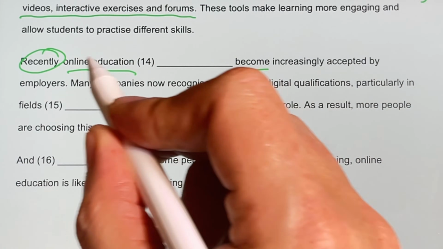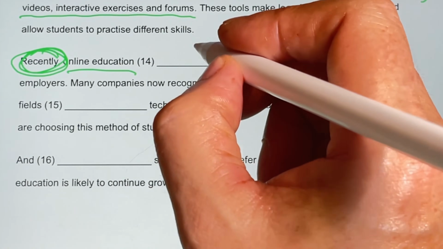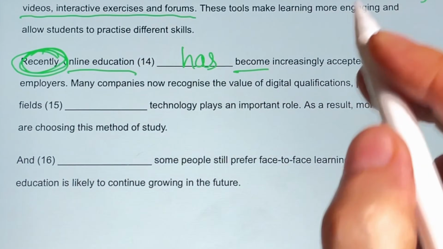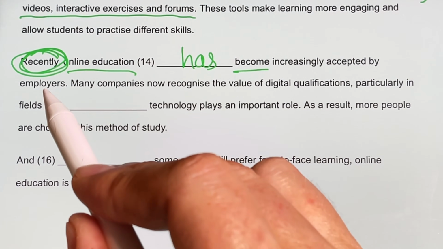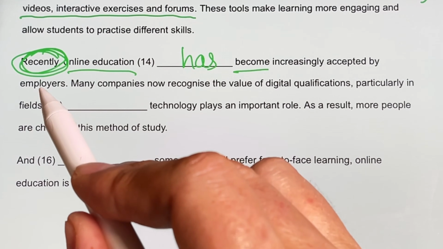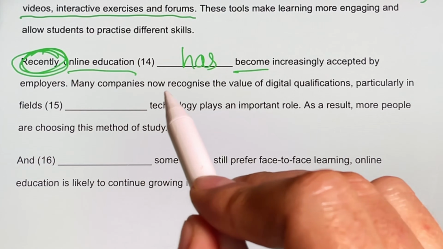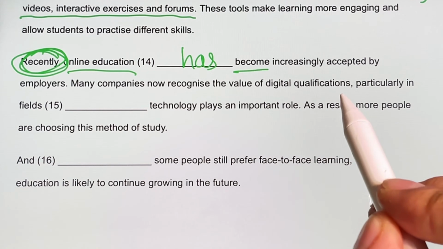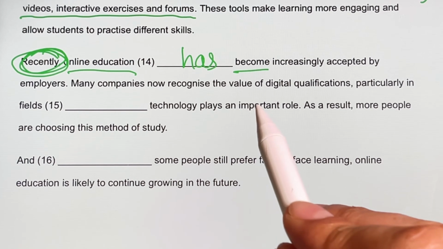And the auxiliary for this one, because it's recently, it's not in the past, it will have to be has become increasingly accepted by employers. It has still effect in the present. So has become.